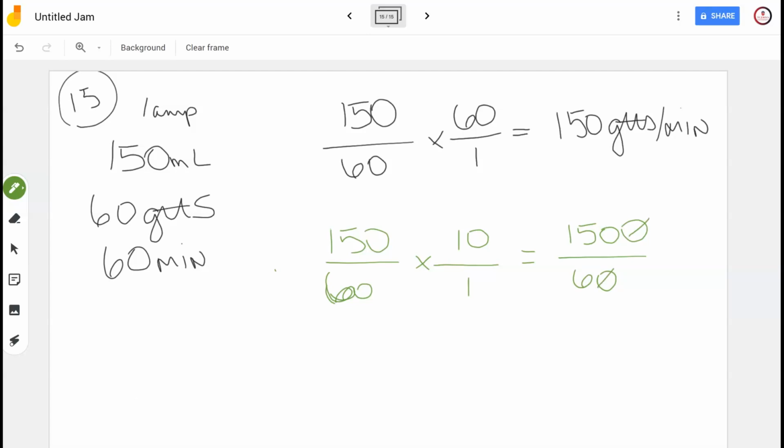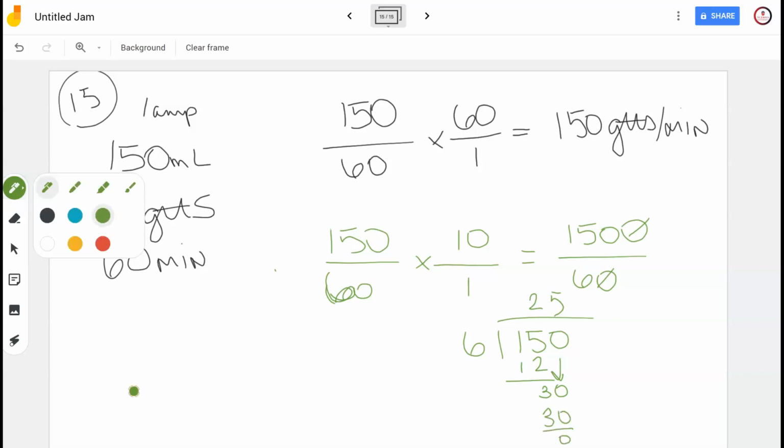So 150 divided by 6. 6 goes into 15 twice. 6 goes into 30 5 times. So you are going to have 25 drops a minute if you were using a 10 drop set.